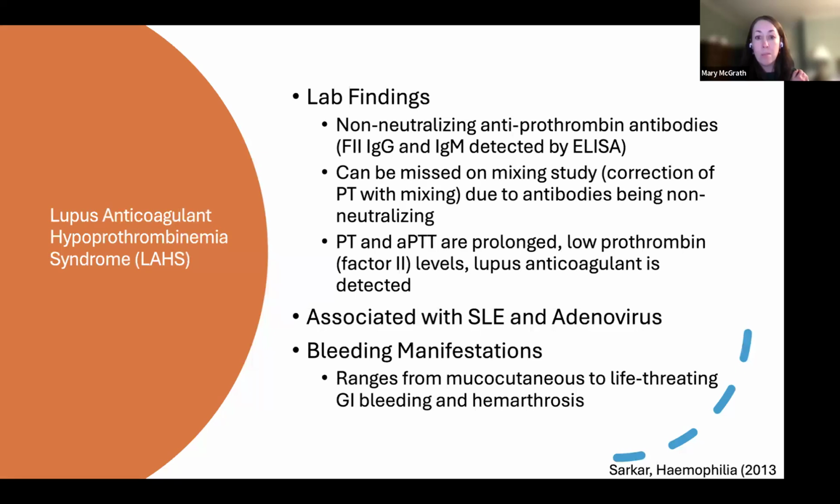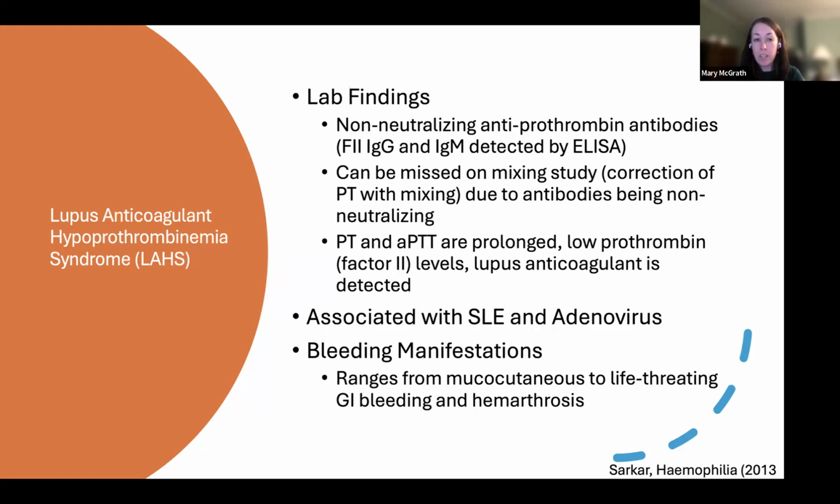And so your typical laboratory pattern is that PT and PTT will both be pretty prolonged. Prothrombin levels, if you measure them, will be quite low. And then you'll also be able to detect the presence of a lupus anticoagulant on screening.